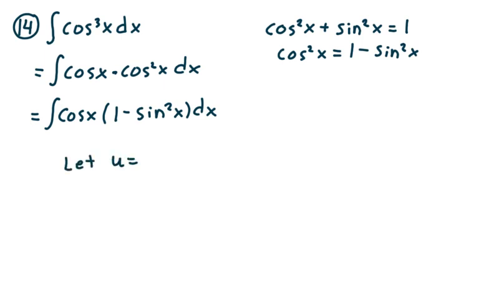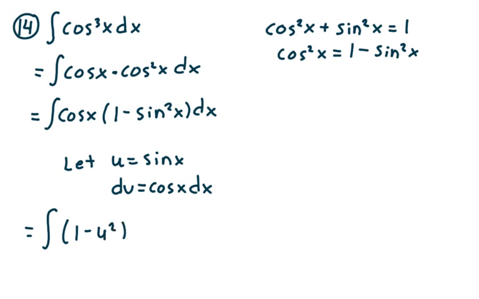I'm going to let u equal sine of x. du is cosine x dx. And so this is the integral of 1 minus u squared du. And so we can integrate that pretty directly. This is u minus 1/3 u cubed plus c.